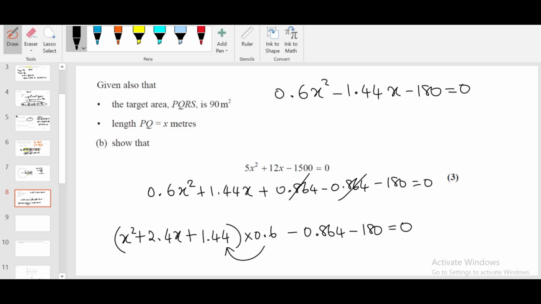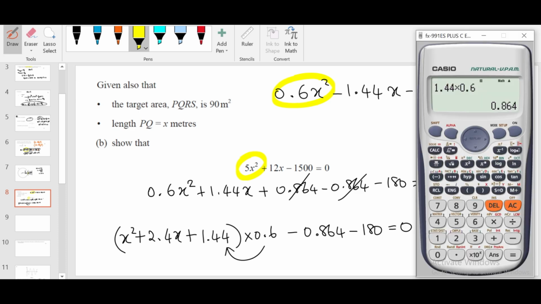You need to have 5x square, not 0.6x square. So you need to multiply 0.6 by a number. In fact, you need to multiply the whole equation by that number. To find the number, you can divide 5 by 0.6. That's 25/3, a recurring decimal.